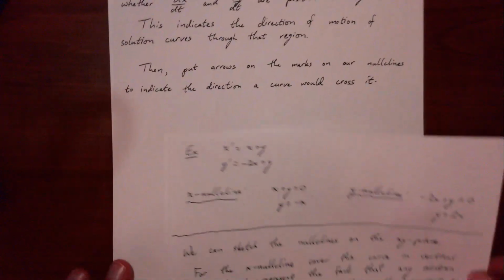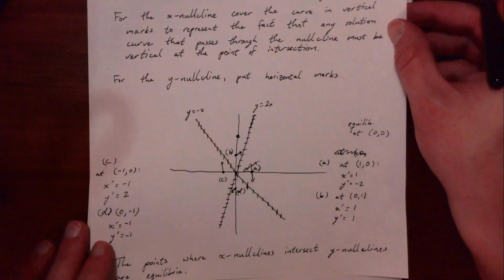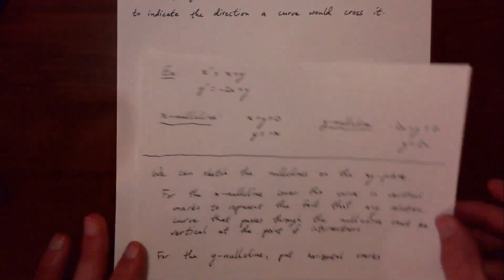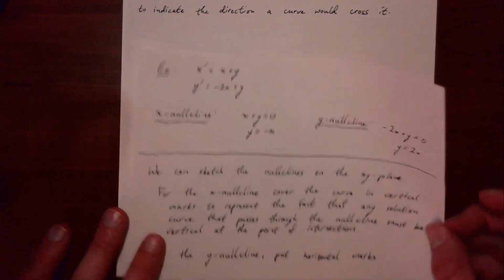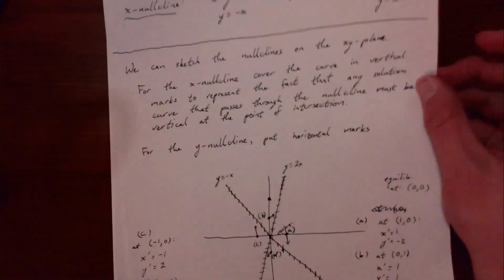And so if we go back to the one we're making here, we want to indicate the direction a curve would cross it.